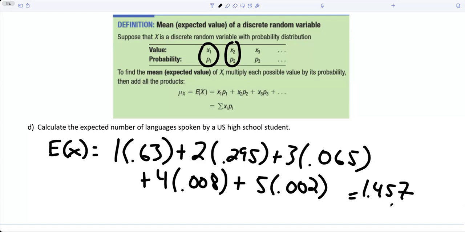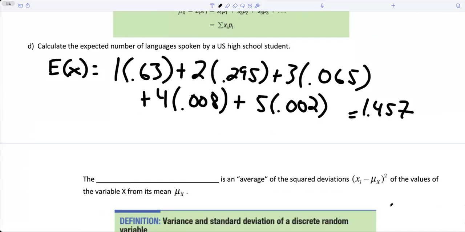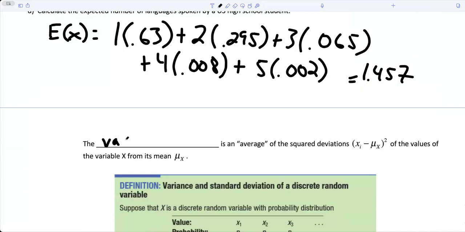And that leads us to this, which is the variance. So the variance is an average of the squared deviation of the values of the variable x from its mean. Okay, let's do a little review, right? Variance is standard deviation squared.